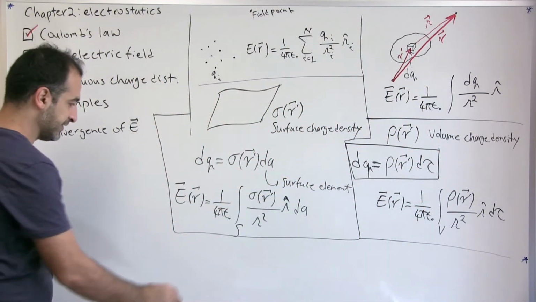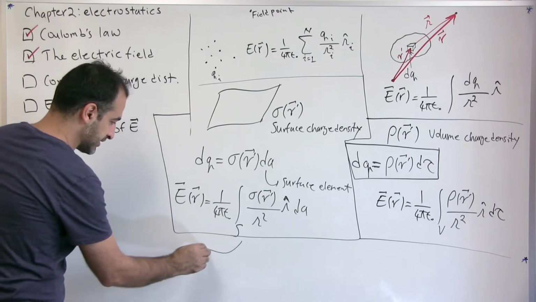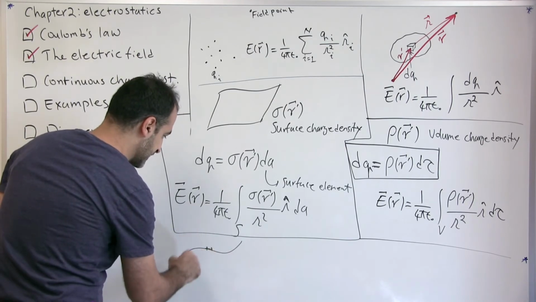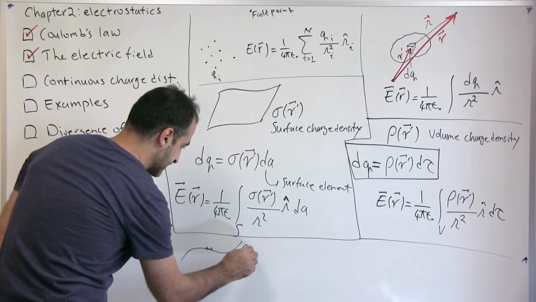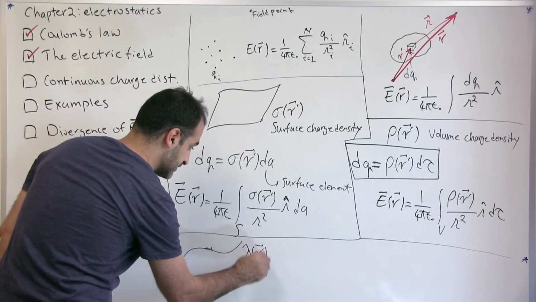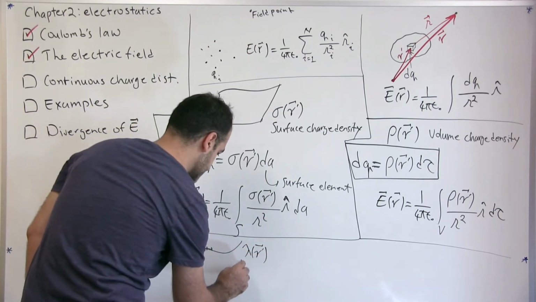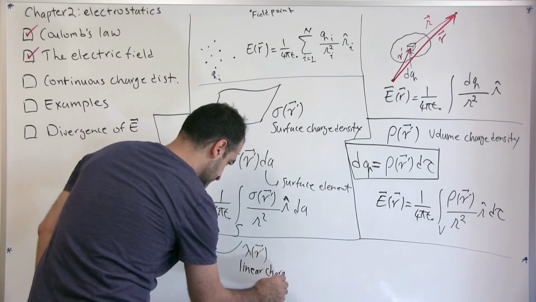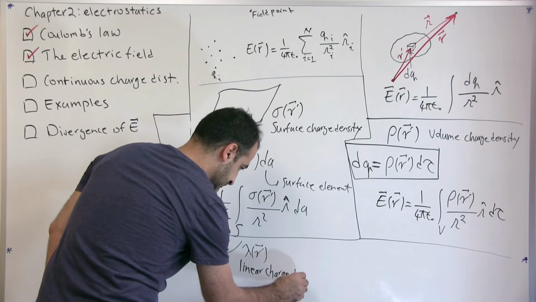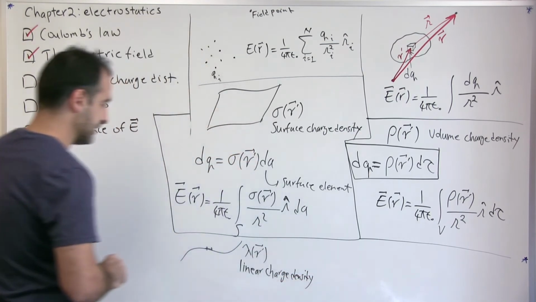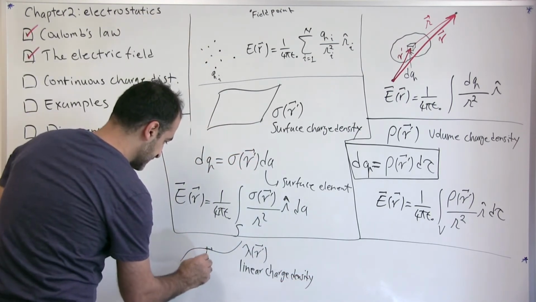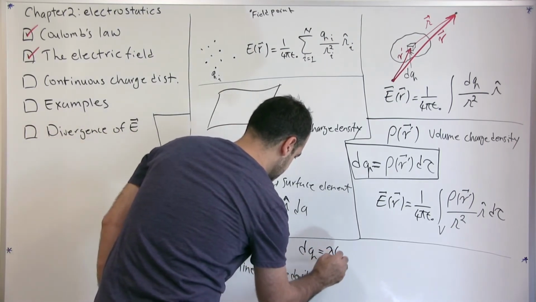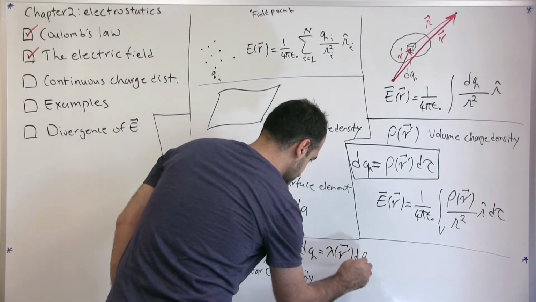And if we have a line charge distribution, sometimes we have that, usually we say lambda is a linear charge density. So lambda is linear. Then any dq here is basically lambda r prime times dl prime.